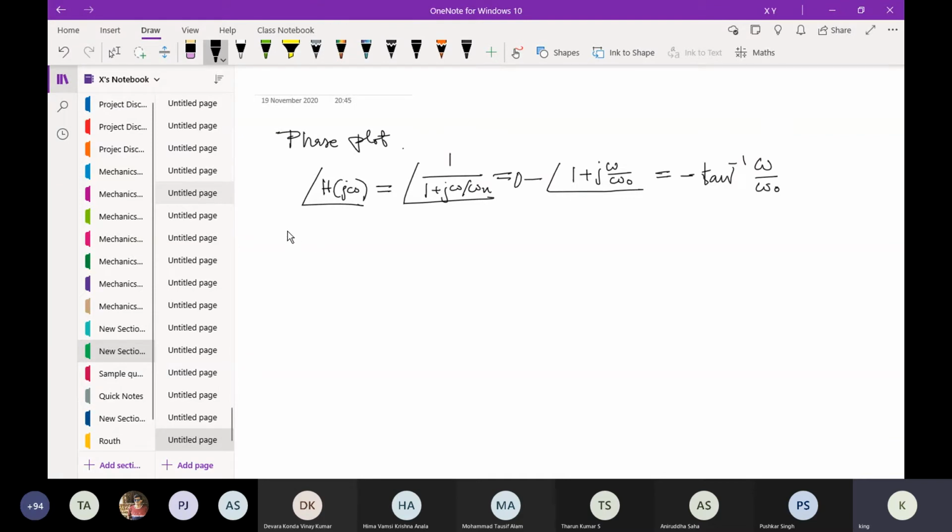Again, we consider 3 cases. Low frequency end, so this will be approximately equal to 0 degrees.